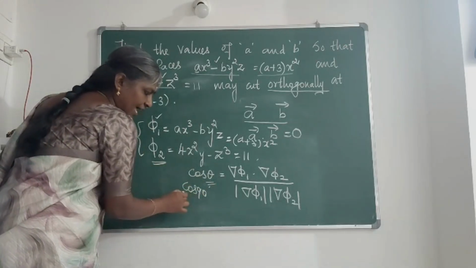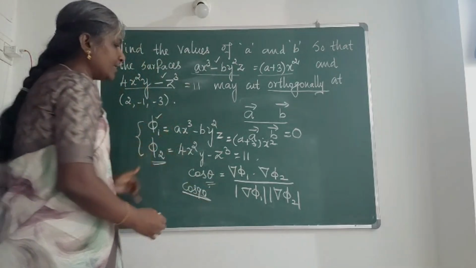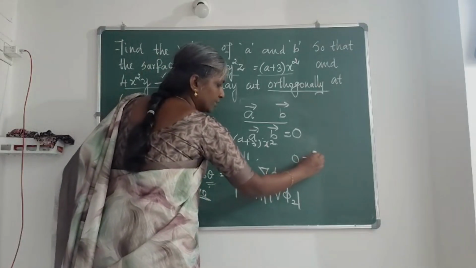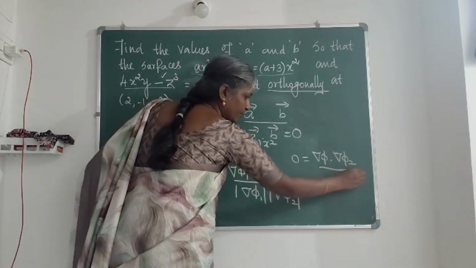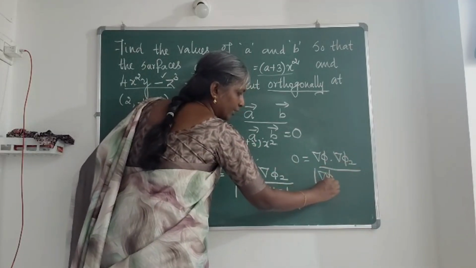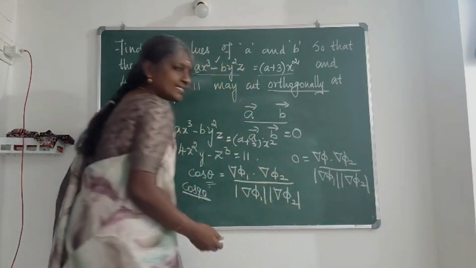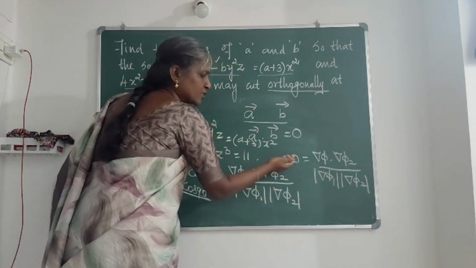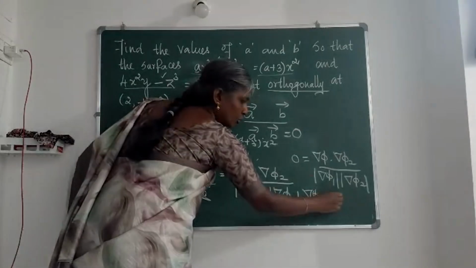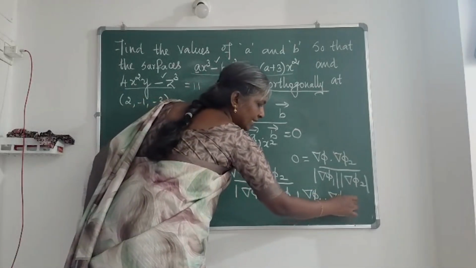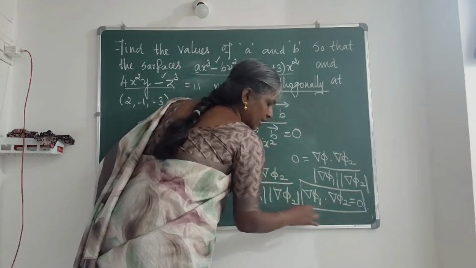What is the value of cos 90 degrees? 0. So 0 is equal to del phi 1 dot del phi 2 divided by modulus of del phi 1 into modulus of del phi 2. Cross multiplying this, automatically we have del phi 1 dot del phi 2 equal to 0. That is the condition we have.